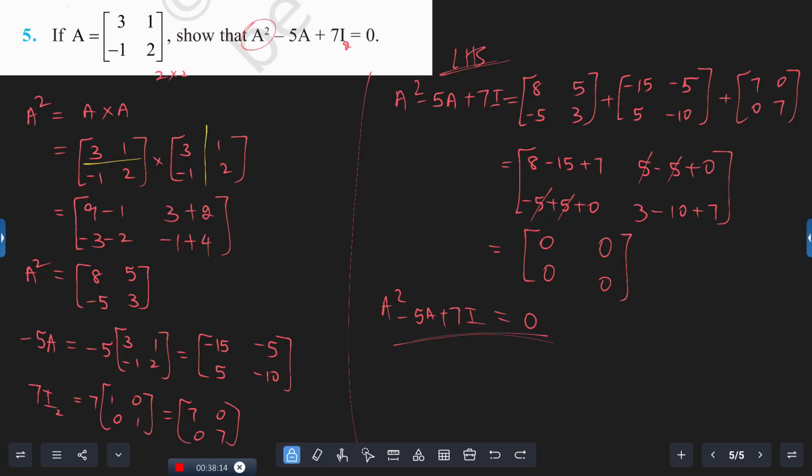Matrix product, if you learn, this will be very simple, Raja. All the exercises, sums and all. Do it fast.